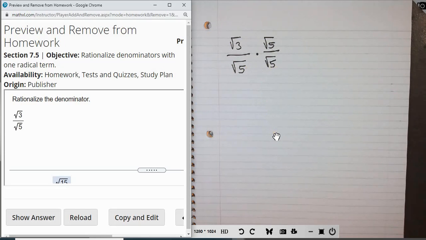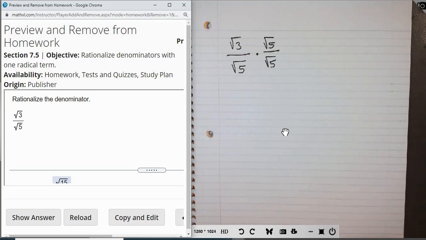Again, multiplying by a form of 1, we're not changing the value of this rational number. We're just changing its form. It's actually going to be the same number, just in a slightly different form, a form that is consistent with our rules on simplifying radical expressions.